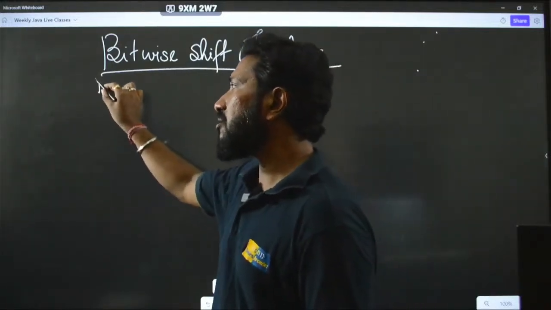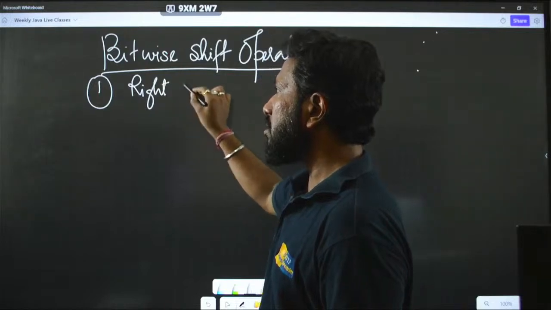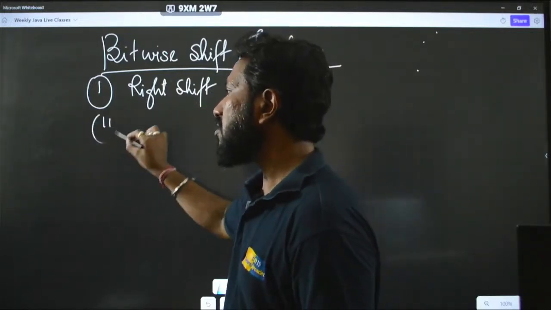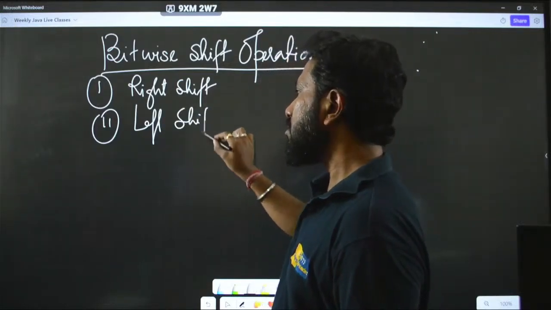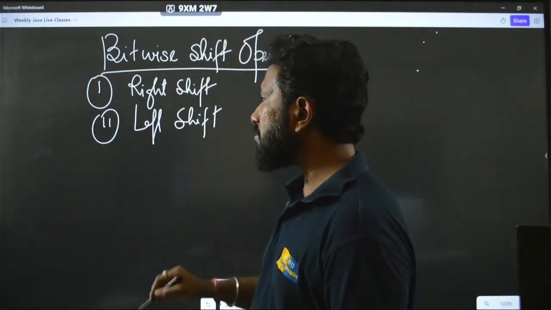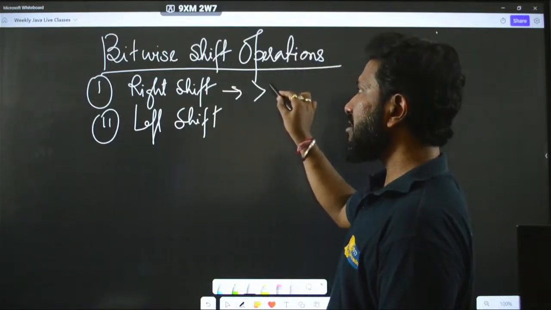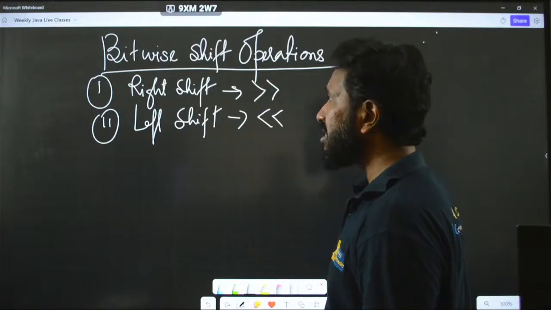There are 2 types of shift operations, the right shift and the second one, the left shift. Fine. So the symbols, right shift is going to the right, left shift will obviously be going to the left hand side.